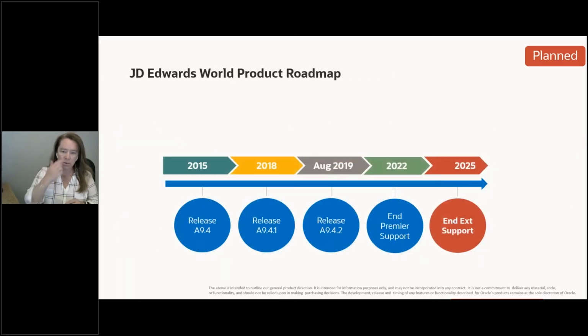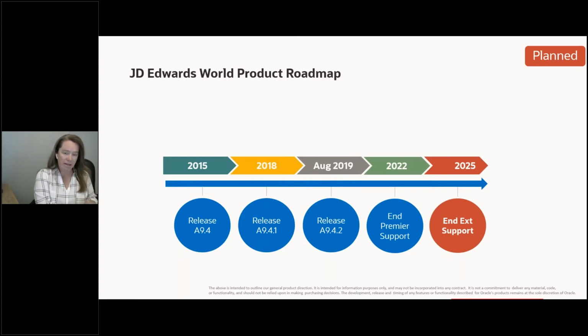Now, World, I want to make sure that all the World customers get this message: World is in a different situation. We have announced that the end of extended support is actually in 2025. So that leaves you in a different situation, and you've really got to start making some plans today.